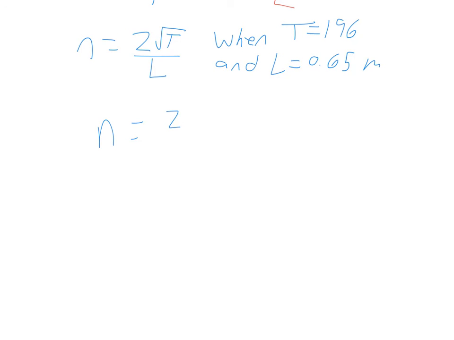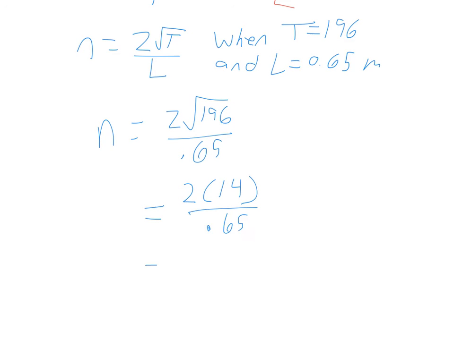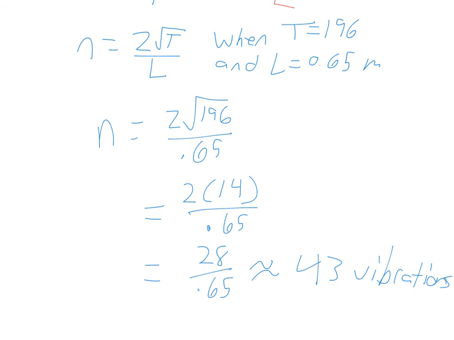N is equal to 2 times the square root of 196 divided by 0.65. So the square root of 196 is 14, so it would be 2 times 14 divided by 0.65, which would be 28 over 0.65, which would be roughly 43 vibrations per second.